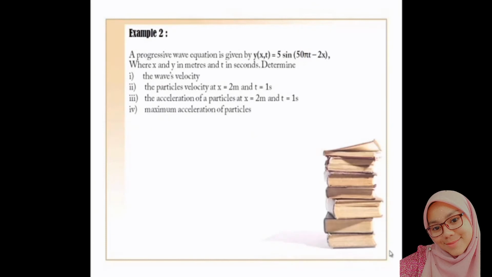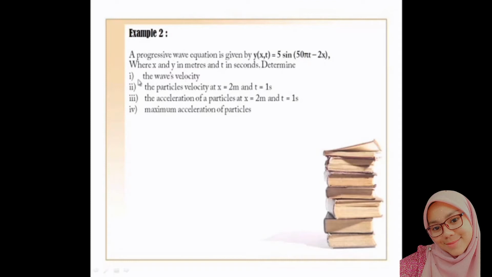Okay, so let's continue to the other example. So example 2. A progressive wave equation is given by Y is equal to 5 sin(50 pi t minus 2x), where X and Y are in meter and T is in second.